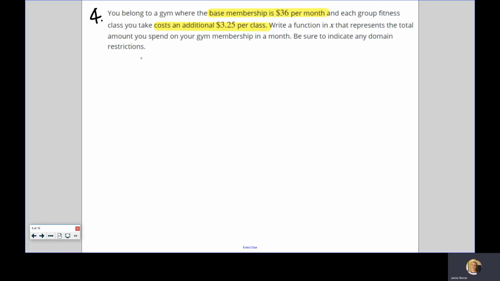All right, so here's our function. We'll just call it f of x. You could call it C for cost. So off the bat, even if we take no classes, we have to pay $36 a month. And then in addition to that, so we're going to do plus, in addition to that, we're going to pay $3.25 for every class we take.